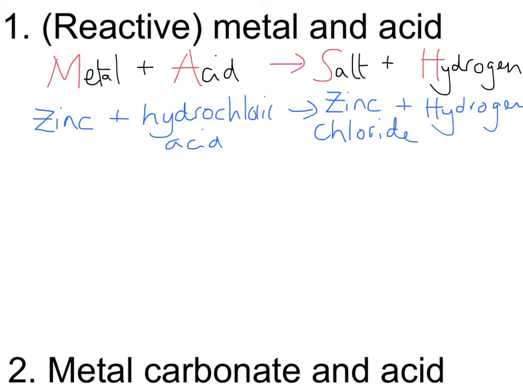Now, the next step that we need to do is look at the formulae of these. So the symbol for zinc, I should say, is simply Zn.